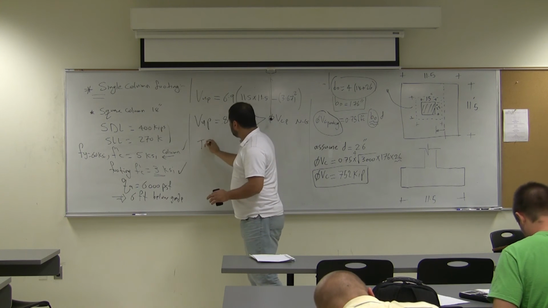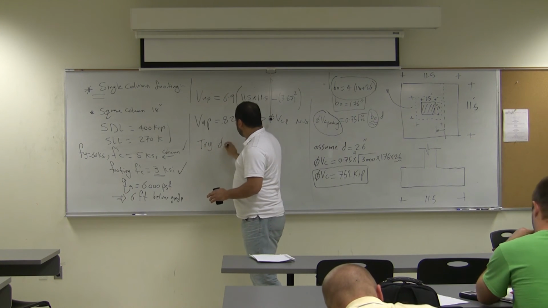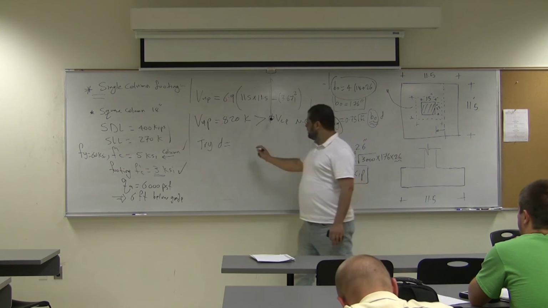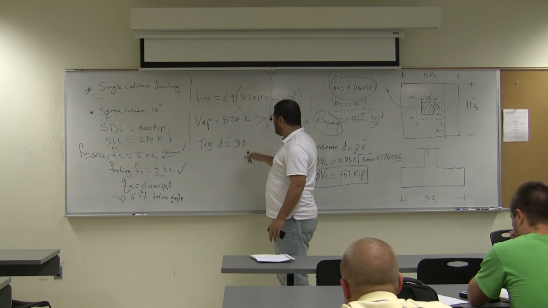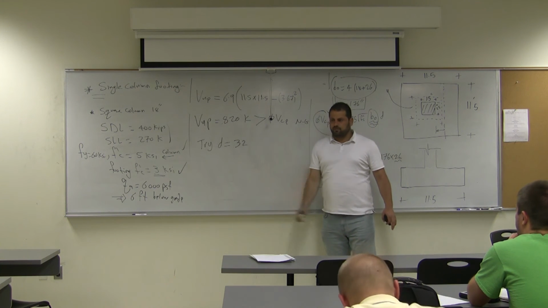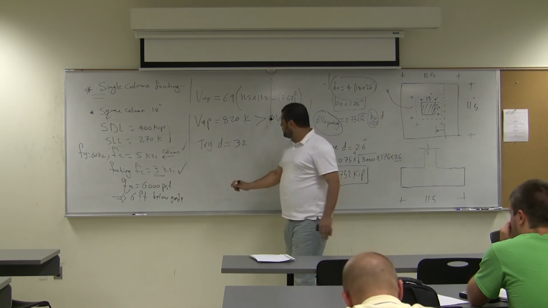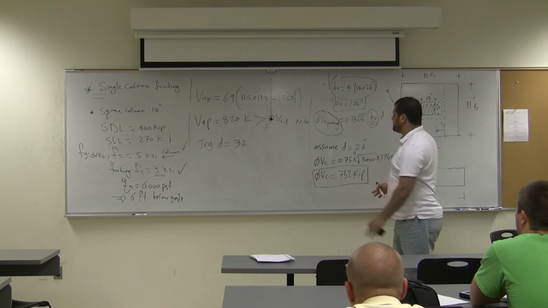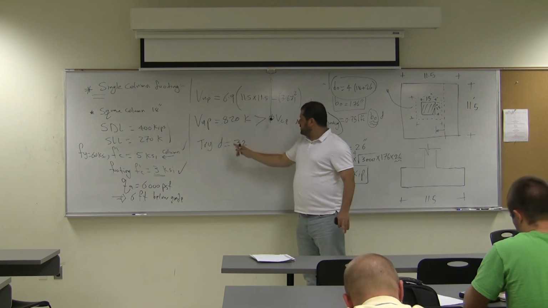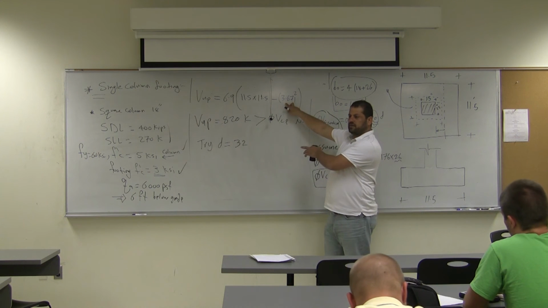Try D 35, no, I don't want to go 35. 32, we'll be fine with that, so that I have a 3-foot depth of footing. If that's the case, you go back with all these calculations. VU will change. It will be 32 plus 18, whatever number in here.